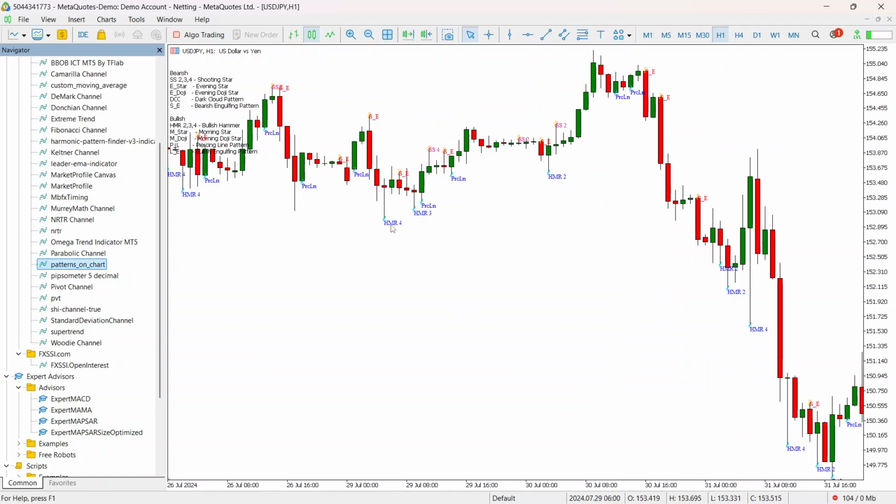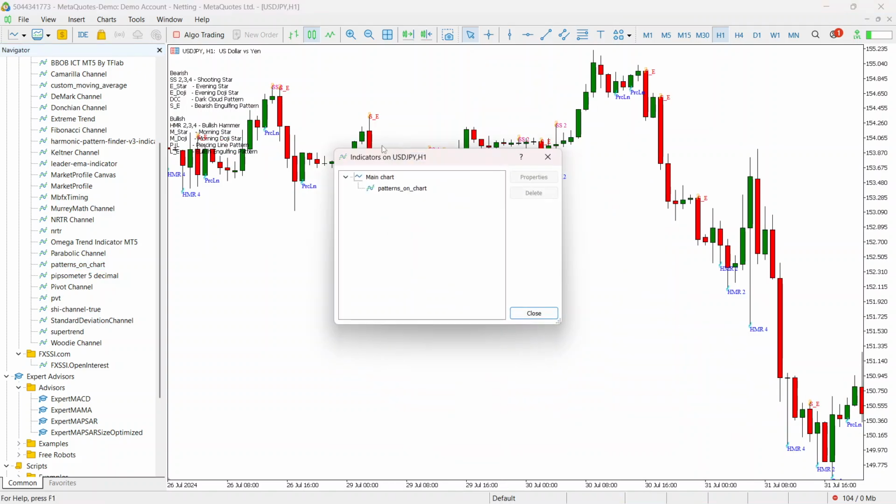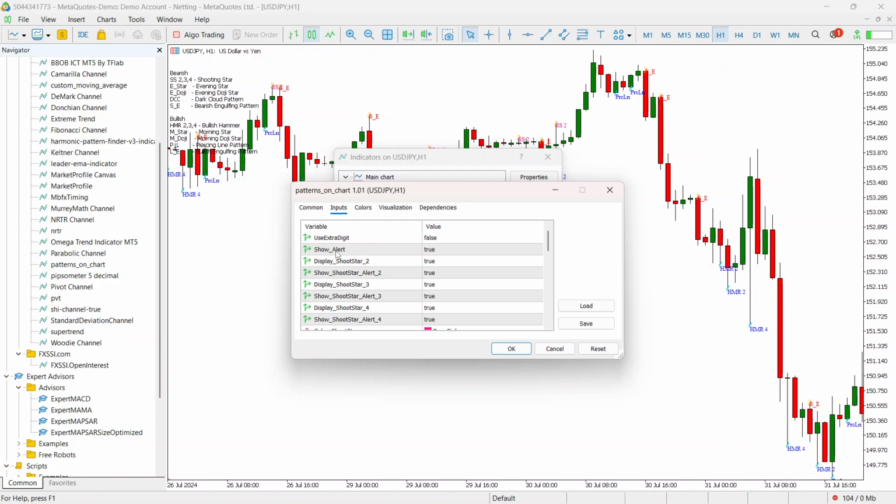And if we move over to its settings, we can see show alert, which popped up immediately we loaded the indicator.